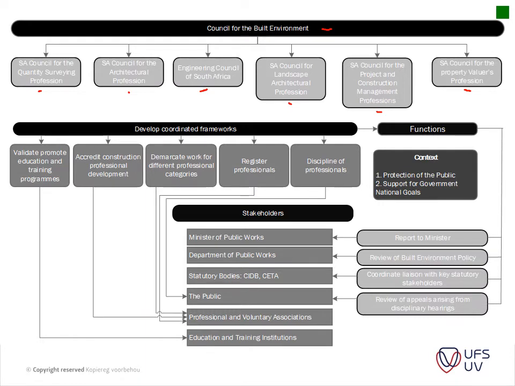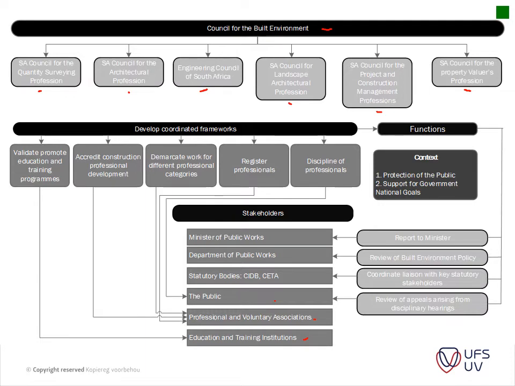Okay, the main function of these councils is to regulate people registered, to protect the public, to protect the professions, and to assist in the training and education of people wanting to register as a professional QS or architect.